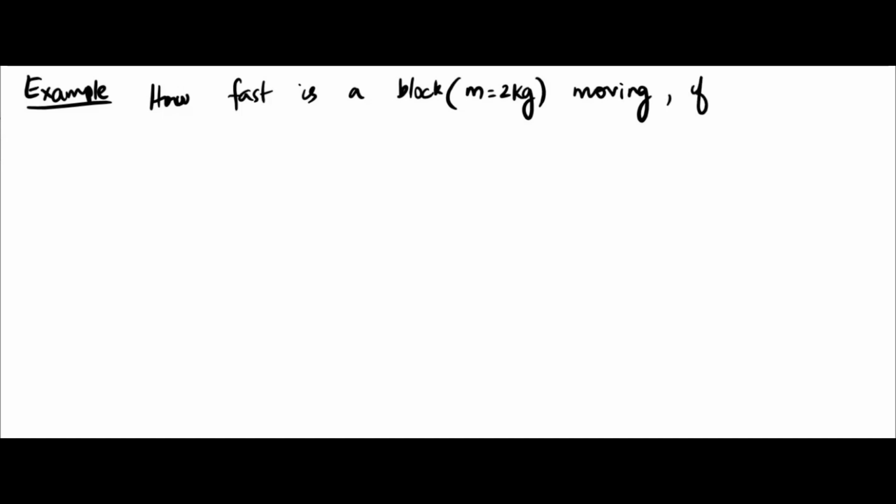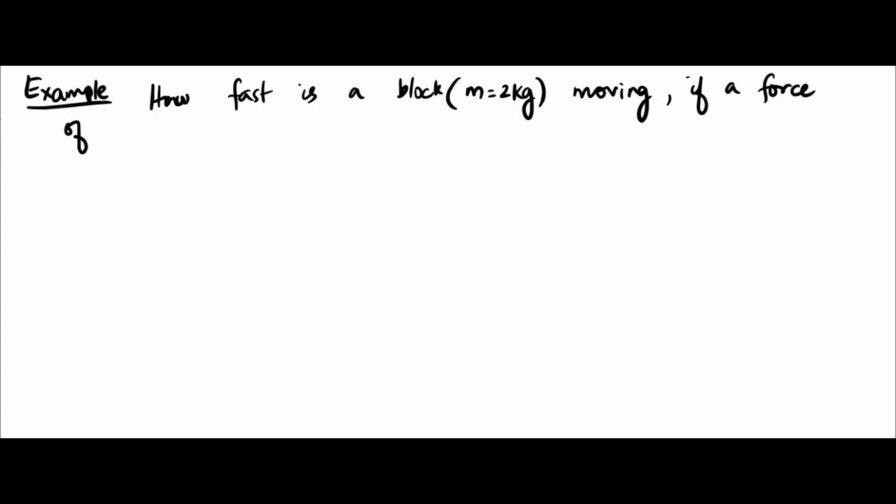Another example that I'll show you is another type of question that is often asked in the test. For example, how fast an object is moving. Let's say it's a block which has a mass of 2 kilograms, and we want to find out the velocity when there's a force being applied.